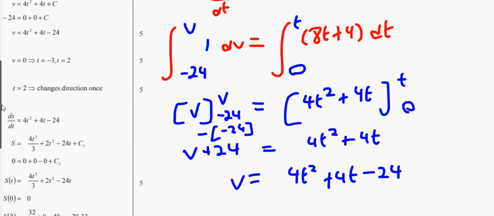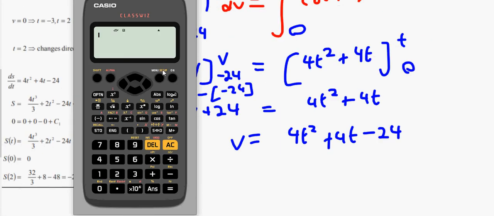If I threw this into the table function of the calculator, it will map out its velocities for different times. Now, negative times don't count, but for argument's sake, I'll go from minus 10 to plus 10. I should really start at 0, but I just want to show you what's going on. Minus 10 to plus 10, step of 1.